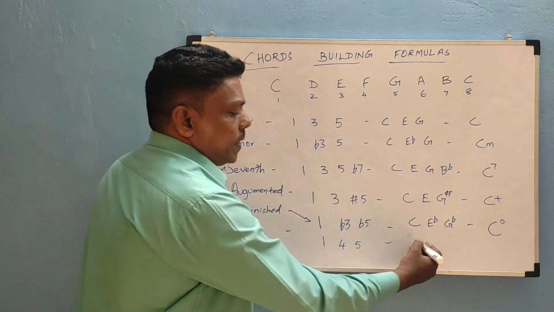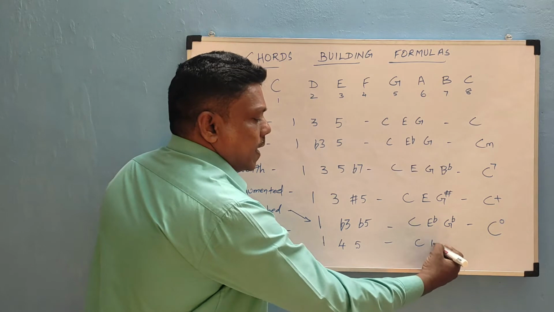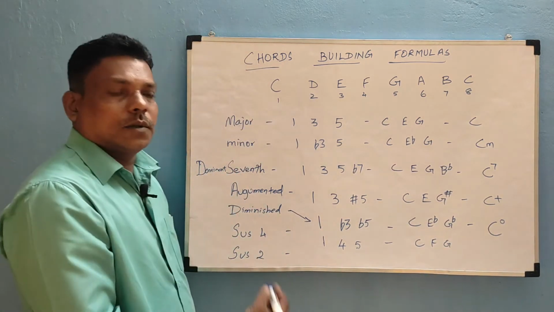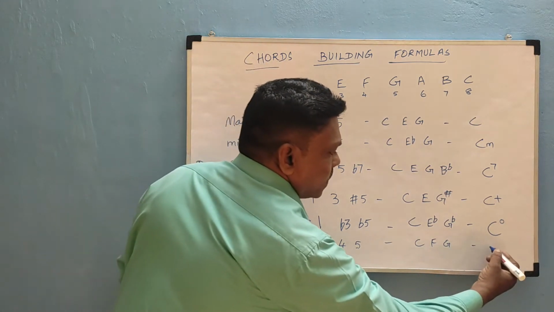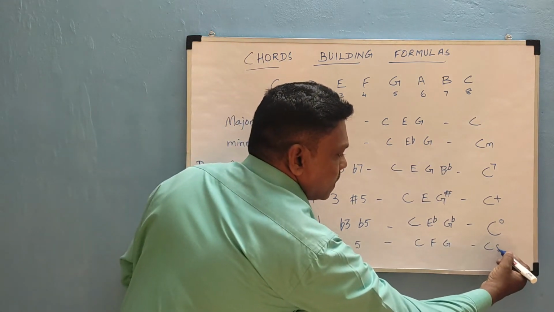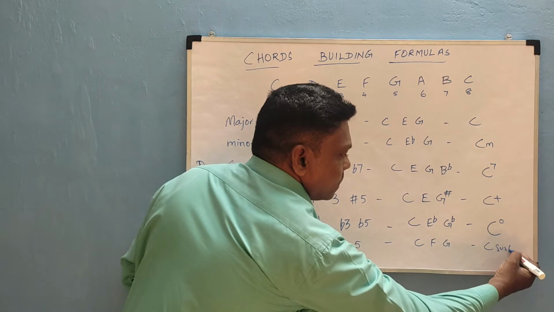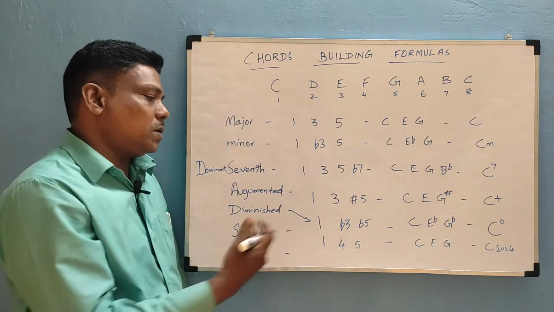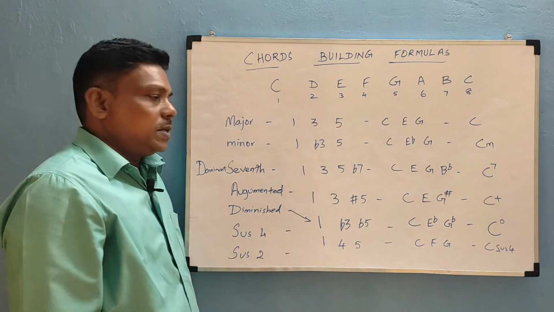So the notes will be C, F and G. The chord symbol will be C sus4 or C sus alone. C sus alone also refers to C sus4 only.